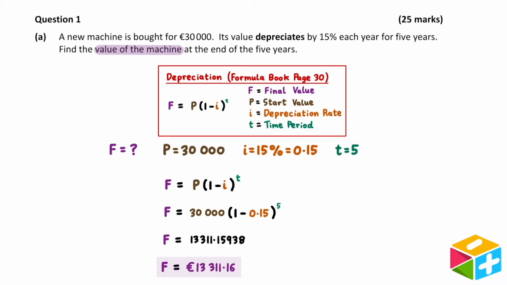Our answer represents the value of a machine, so the unit here is euros. And by convention, we round euros amounts to the cents place, in other words, to 2 decimal places. So our final answer is €13,311.16.